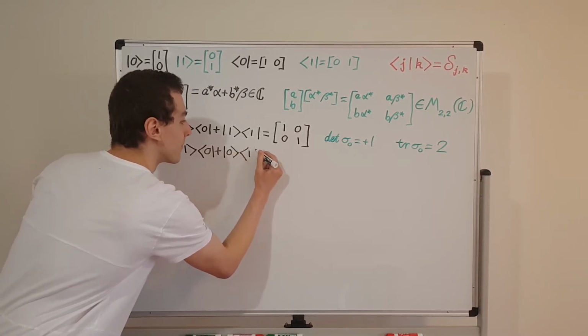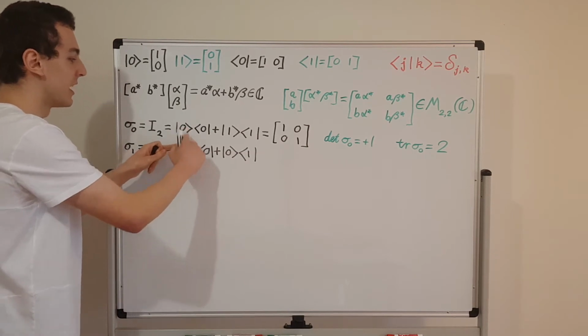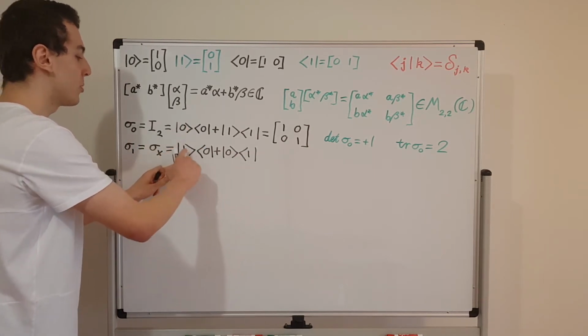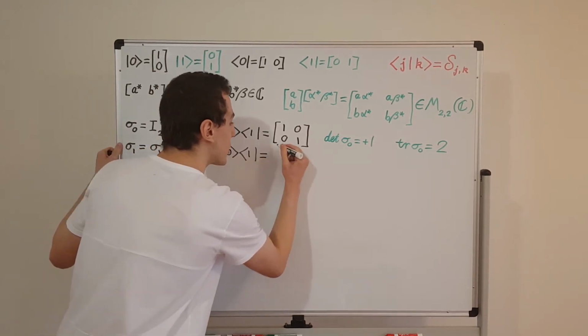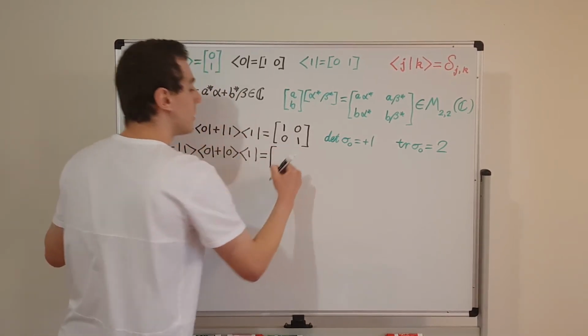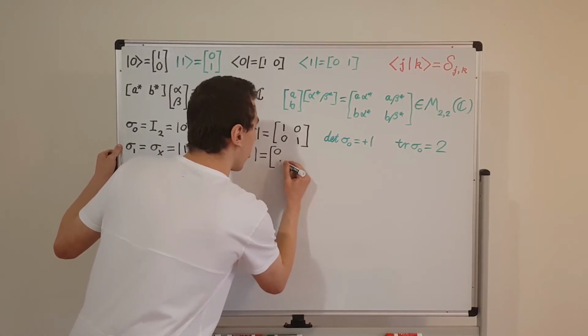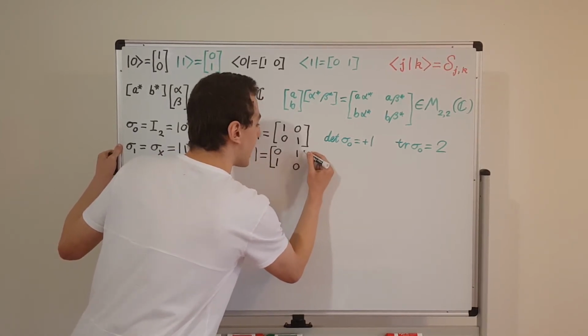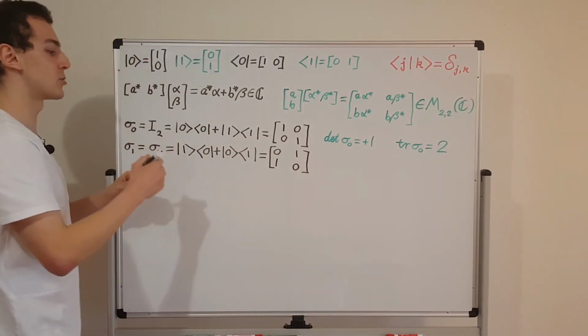So you can see it's almost like this identity, but we've just swapped around the 0 and the 1 over here. What does that look like in the matrix representation? Well, it has 0s on the diagonal and 1s on the off diagonal. So it's a flipped version of this identity matrix.